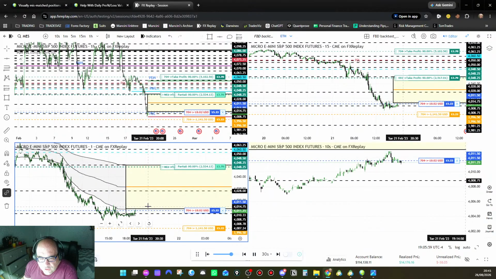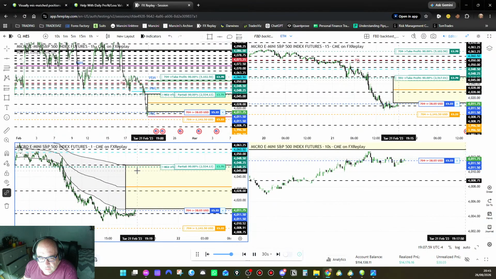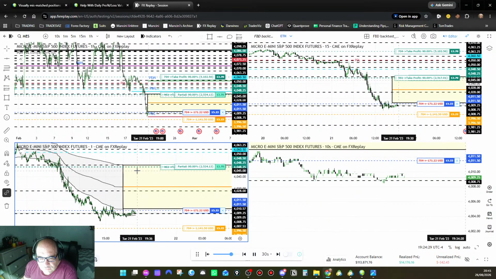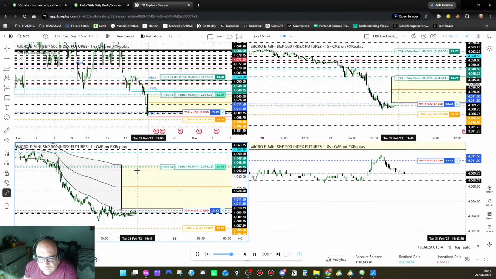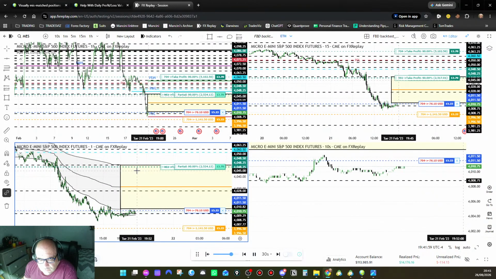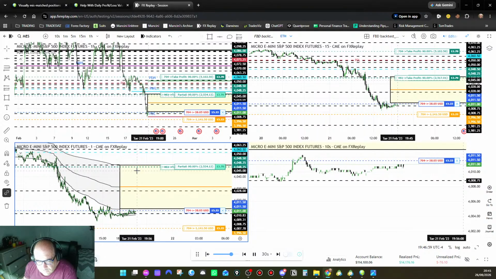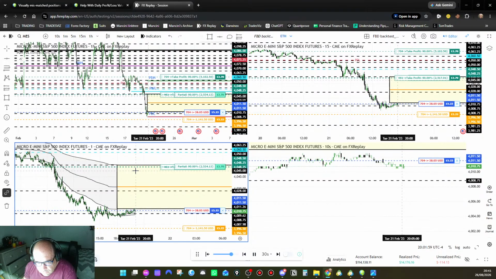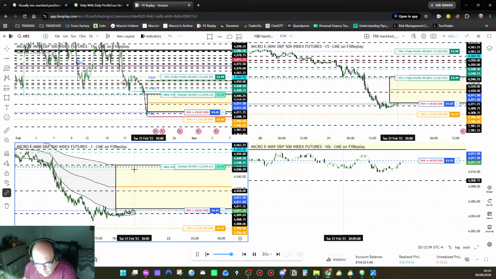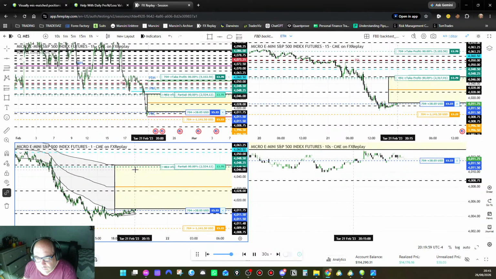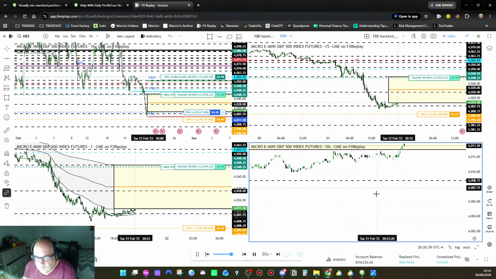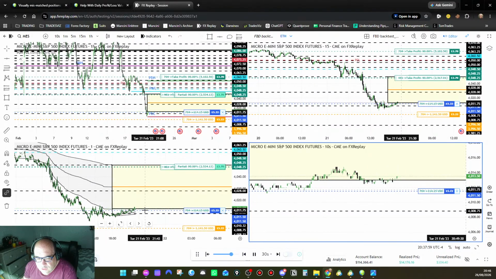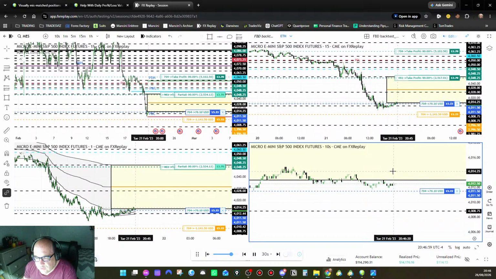Let's see if the price can recover now. You see that the market created a base here and it's attempting to enter the previous DVA low.